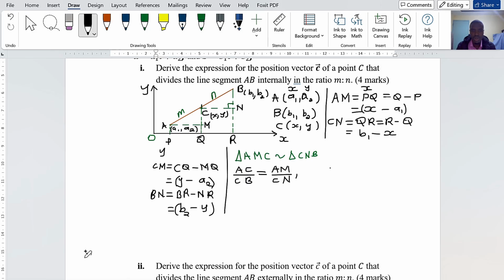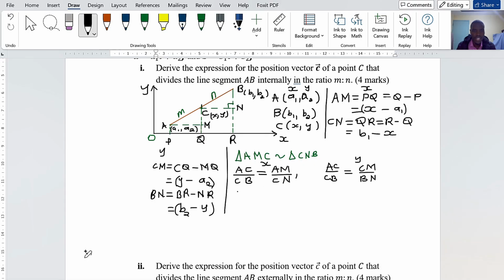This is also true, the ratio AC over CB. Remember we start with x, now we go to y. Again, AC over CB is the same as the vertical distance CM for the first triangle divided by BN.